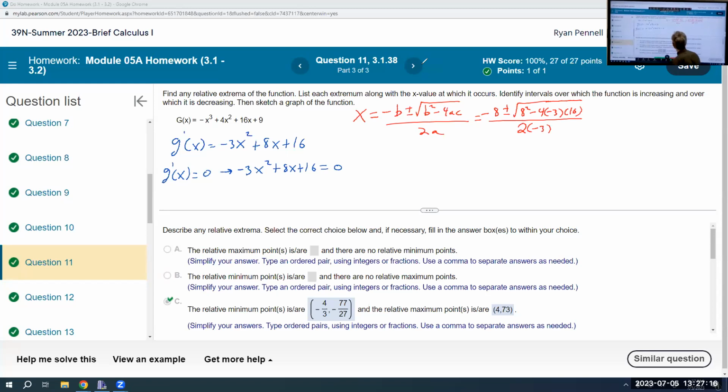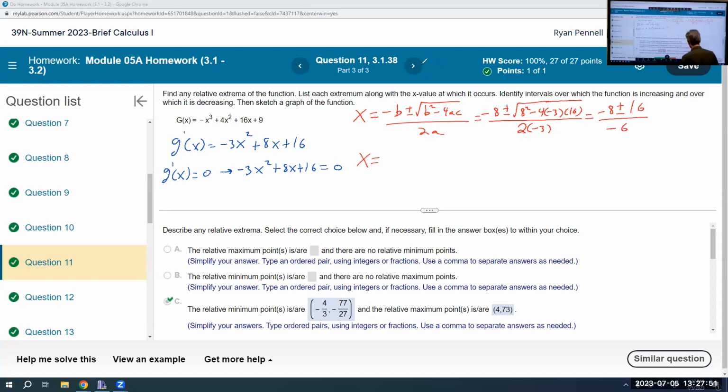I need to check on that arithmetic here. That's -8 plus or minus 16 over -6.